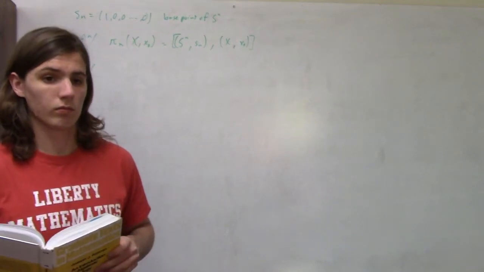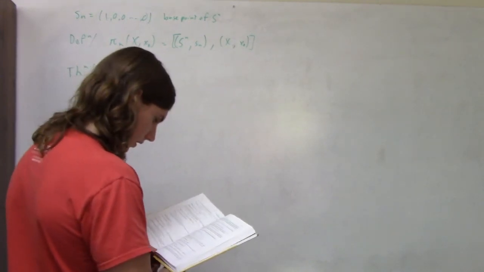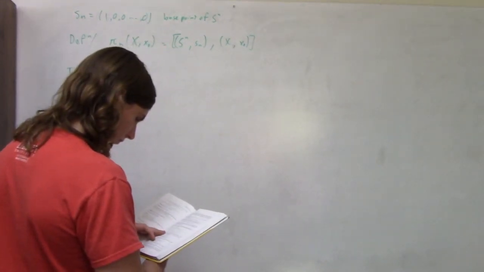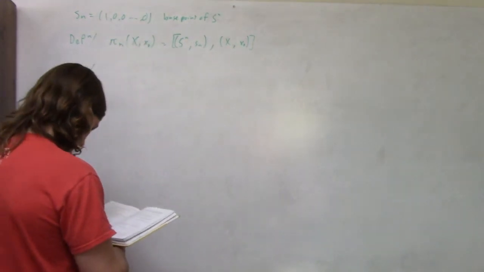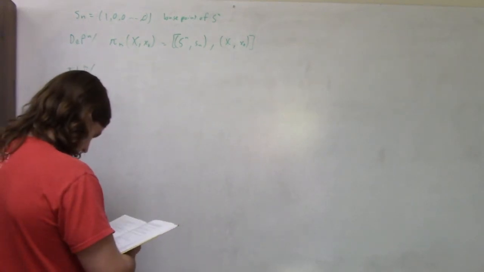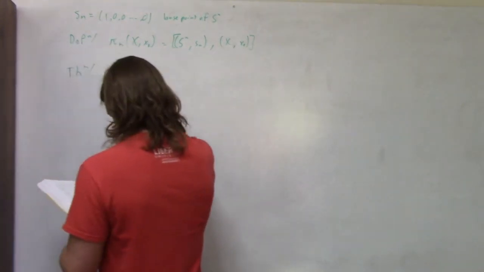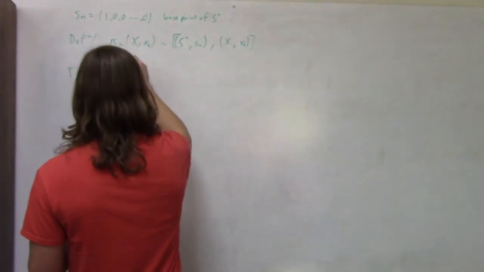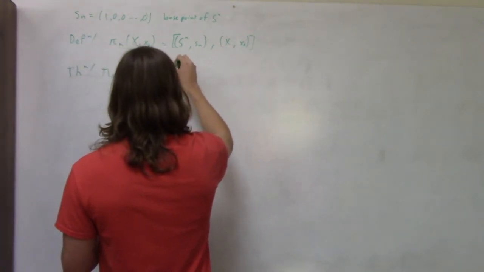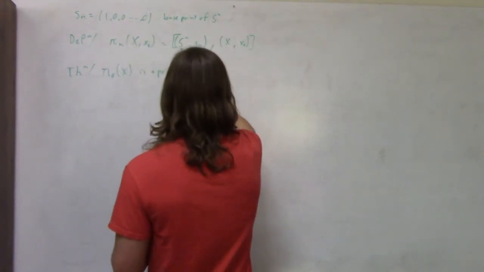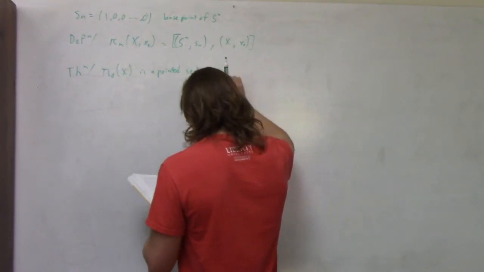You're right. That's exactly it. And so, like I was saying, for every pointed space, pi naught of x is a pointed set, which really tells you how many different path components there are.